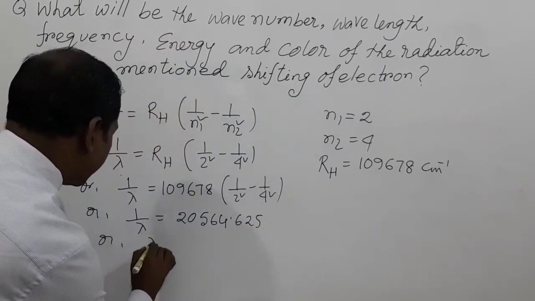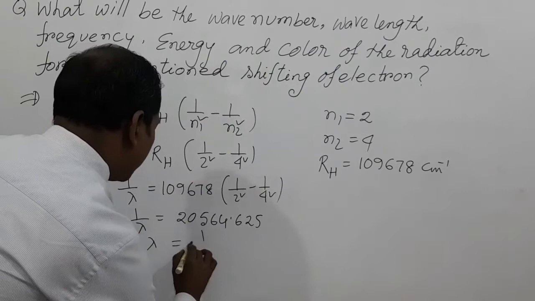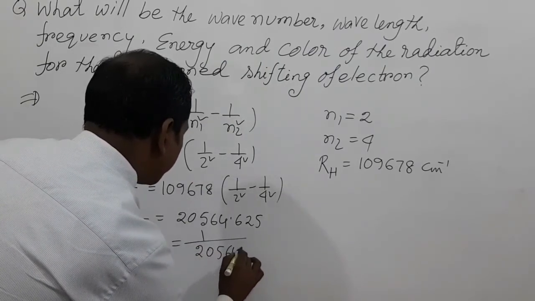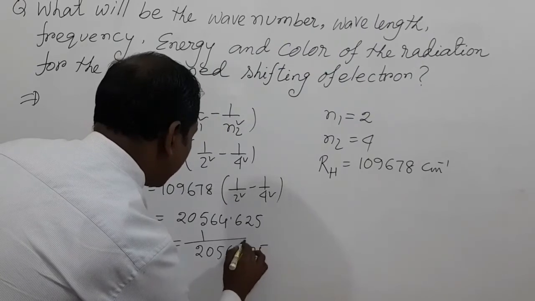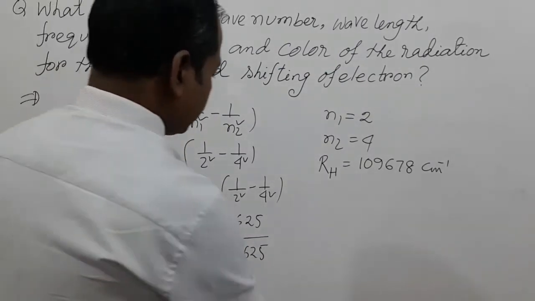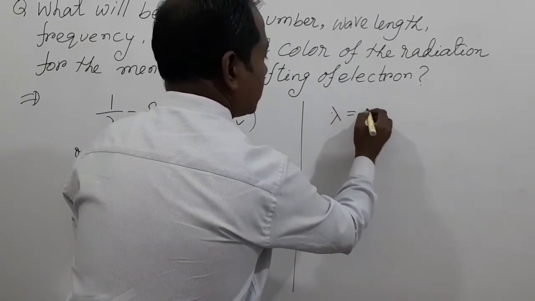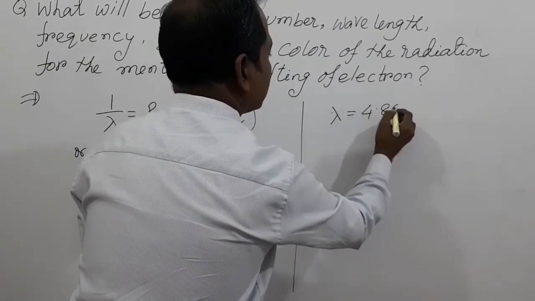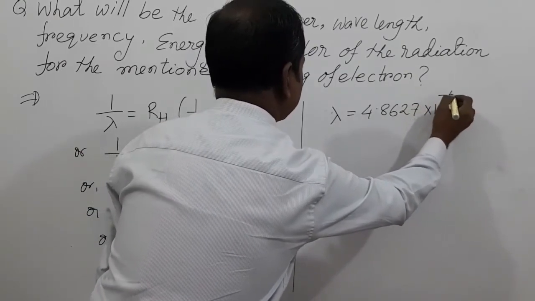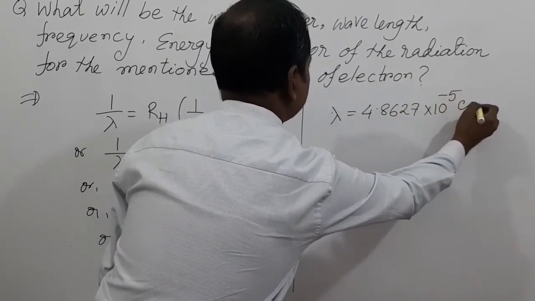So lambda is 1 by 20,564.625, and the value is lambda equal to 4.8627 × 10^−5 centimeter.